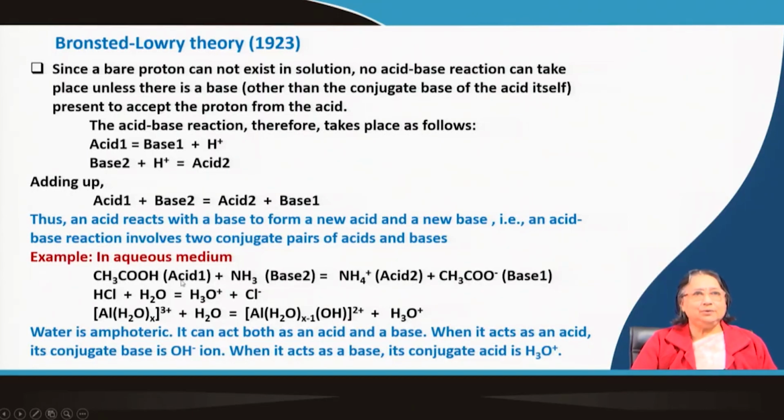In this way we can explain all reactions, and we also know that water is amphoteric. So, water can act both as an acid and a base. When it acts as an acid, its conjugate base is the OH minus ion. When it acts as a base, its conjugate acid is the hydronium ion.